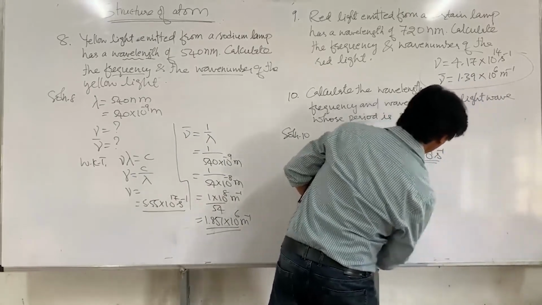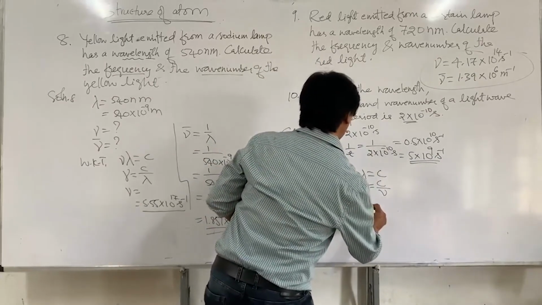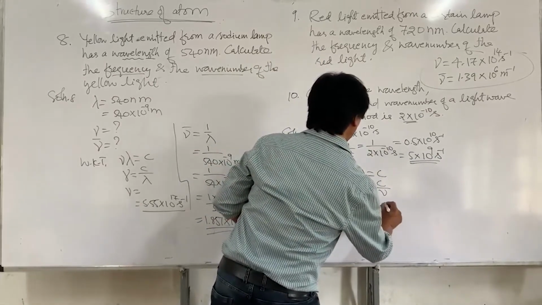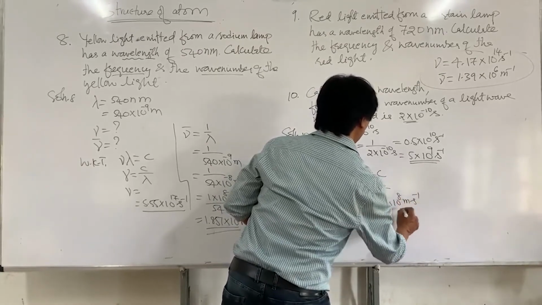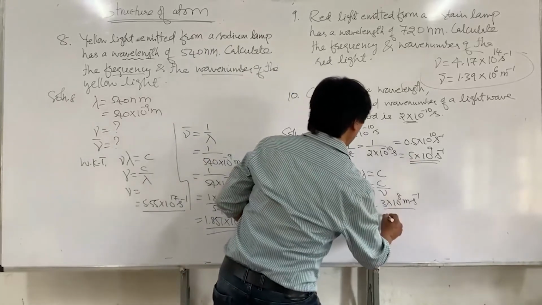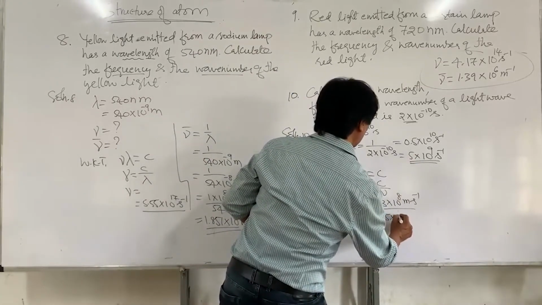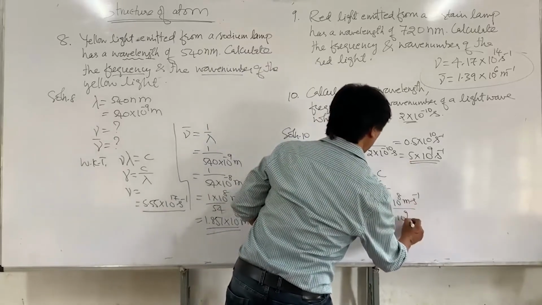When you substitute the value of nu here, the wavelength is C, which is 3 into 10 raised to the power 8 meters per second, divided by the frequency, 5 into 10 raised to the power 9 per second.